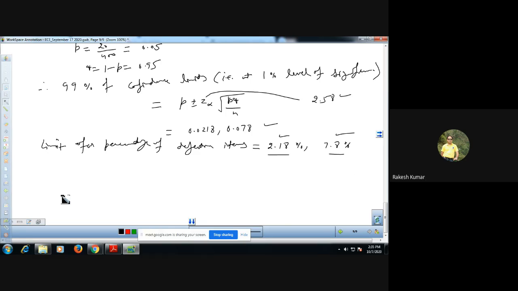Now the question arises, why 99? There are two levels of confidence limit, 99% and 95%. Just like in the corona time, we are using masks: 95% means an N95 mask and 99% means an N99 mask.